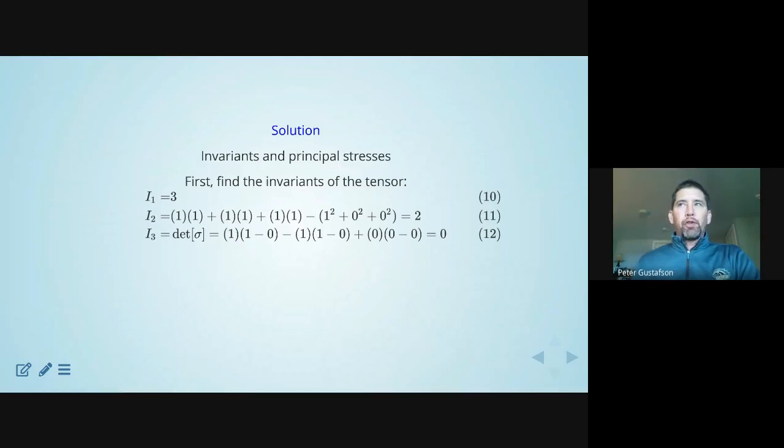Now, if you choose to, you can do what I've done here on this slide, and just use the equations for I1, I2, and I3 that I presented earlier in terms of the components of the original stress tensor, sigma xx, yy, zz, xy, yz, xz, and just plug in the numbers and chug. But really what you conceptually need to recognize is how to do the problem, and that's ultimately to take that determinant and reconfigure the characteristic equation.